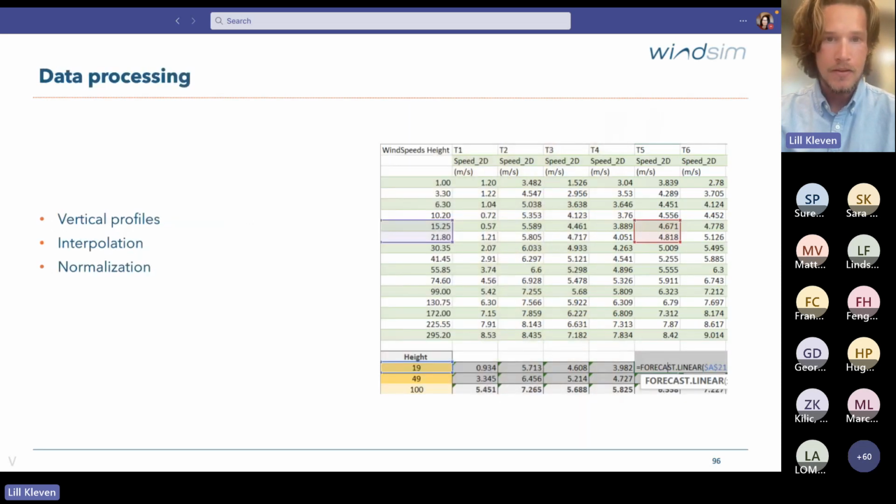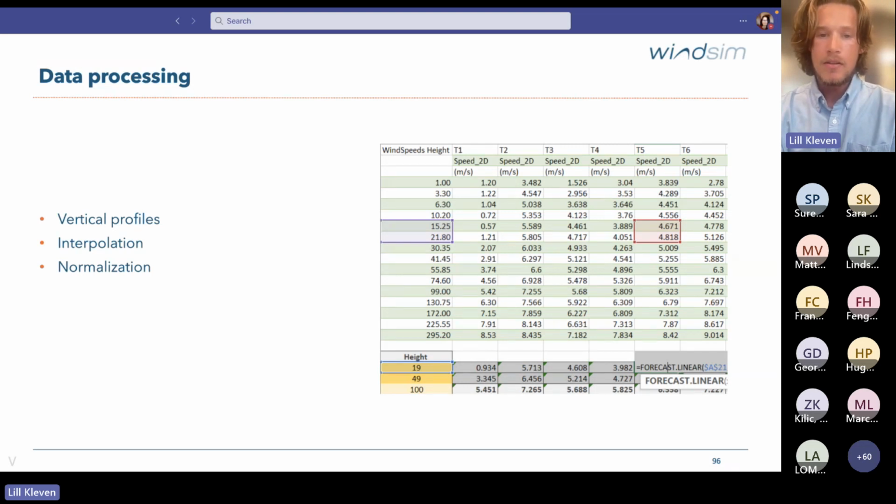For the data processing, I ran the terrain, established my terrain model, I ran the wind fields, and then I placed the objects. The next step was to export the vertical profiles for every turbine position at the site, and then I had to do interpolation to get the simulated wind speed at the different heights.